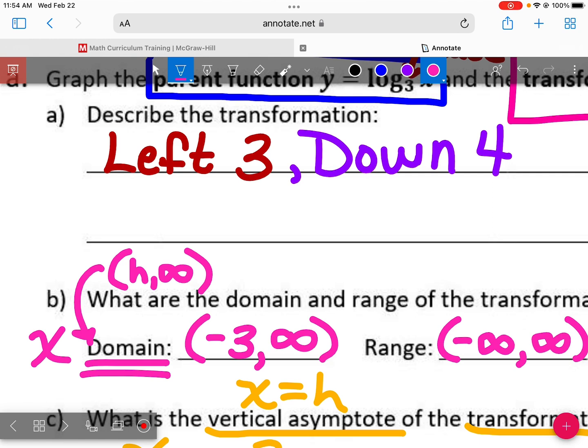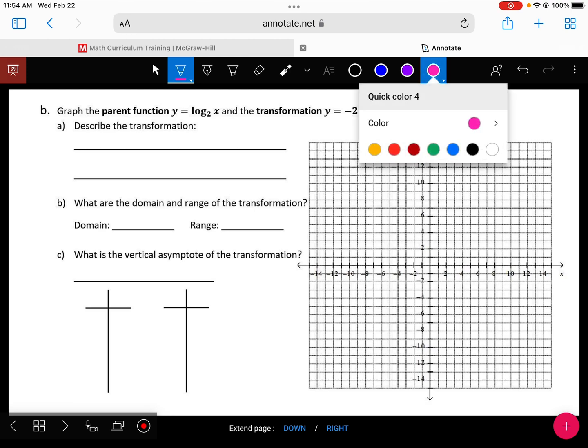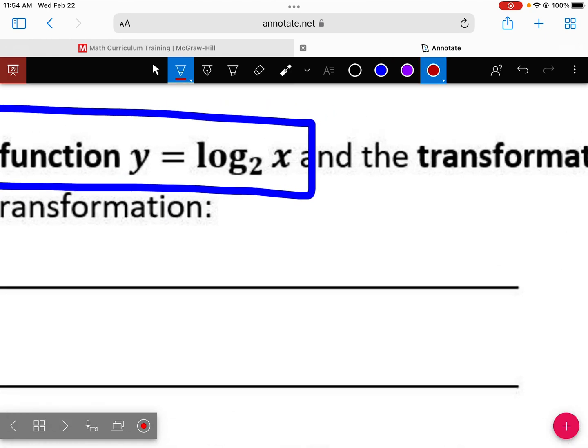I want to do one more example like this. So I want you to look at the second graph. What is the base on this parent? 2. So here's the base.